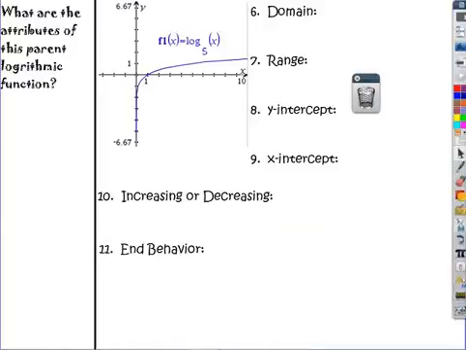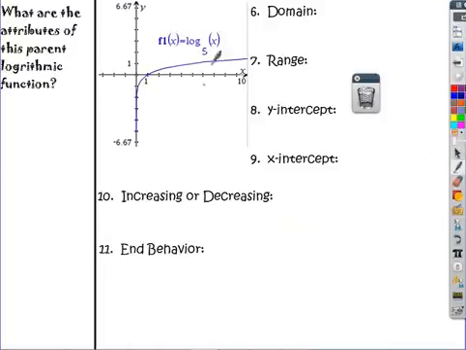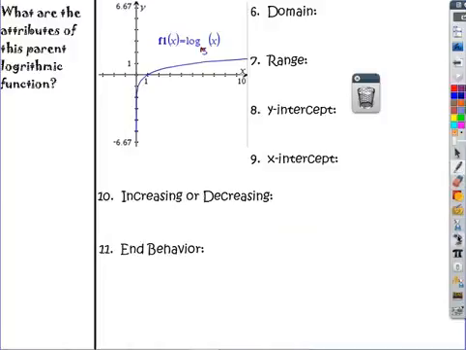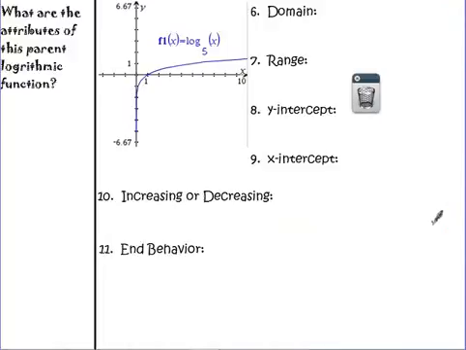So I want to point out that every base number would be considered a separate parent function. Just like we saw with exponentials, there are many different logarithmic parent functions. But these properties are going to be the same for every parent function, whether the base is 5 or the base is e or the base is 10 or some other number. Okay, but what is the domain?